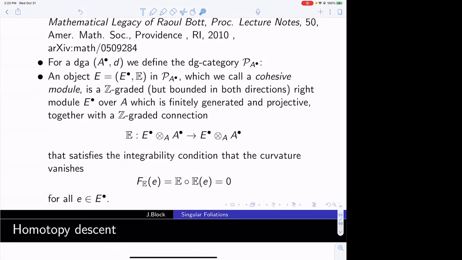Beware that this version of cohesive has nothing to do with cohesive in the sense of Urs Schreiber, who works in a cohesive topos or something like that. It has nothing to do, at least as far as I know, with that. I chose the word cohesive because it is similar to coherent.